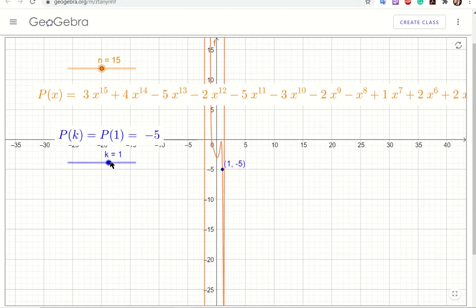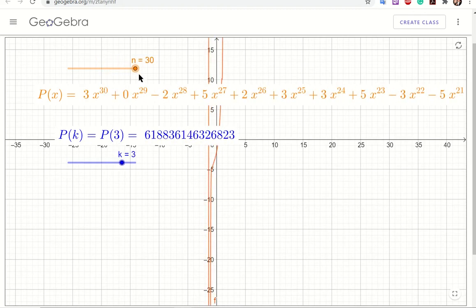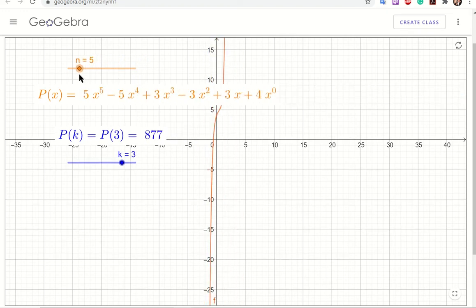If I move k to 3, we've already got, was that 52 million? Wow. Now, as I said, we could go all the way up to 30 with this, and if you really wanted to, you could go a lot higher than that if you had the time and inclination.